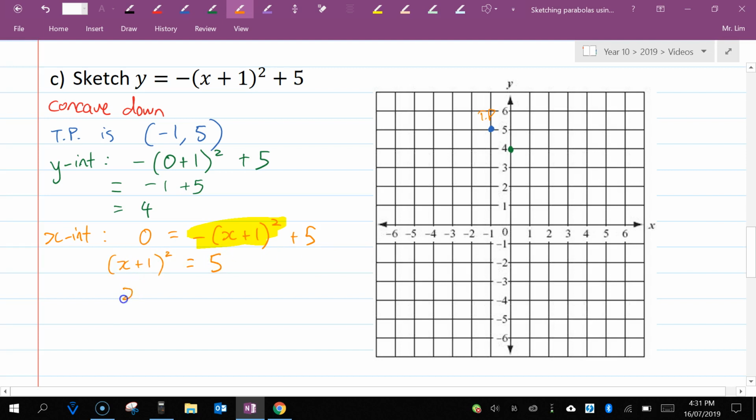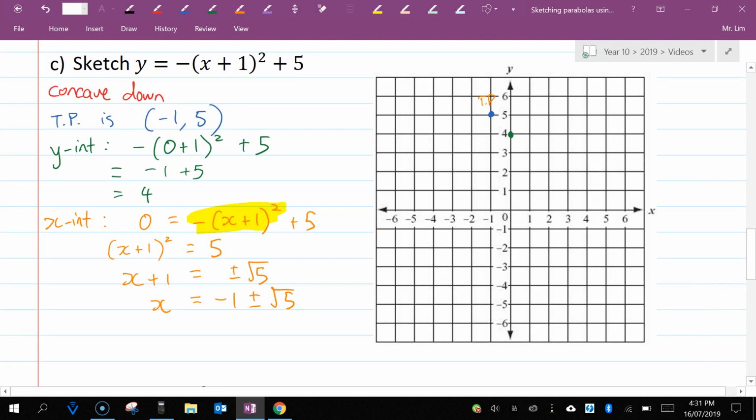Square root both sides. x plus 1 is equal to plus or minus the square root of 5. Minus 1 from both sides. x is equal to minus 1 plus or minus the square root of 5. Now let's just see what that is approximately.